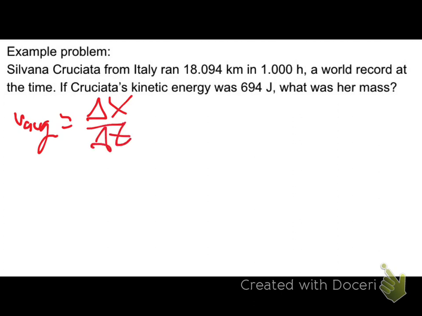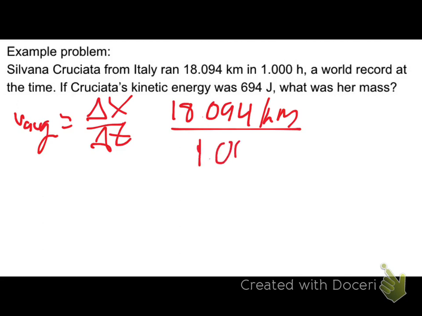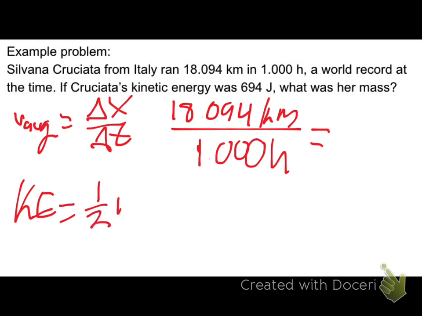We can take our displacement, 18.094 kilometers, and divide it by 1.000 hours, which would come up with the same number as our speed, but this time in kilometers per hour. So it just has a new unit on it. And then we can take that and plug it into our other equation, which is kinetic energy equals 1/2 mass times velocity squared, or speed squared.